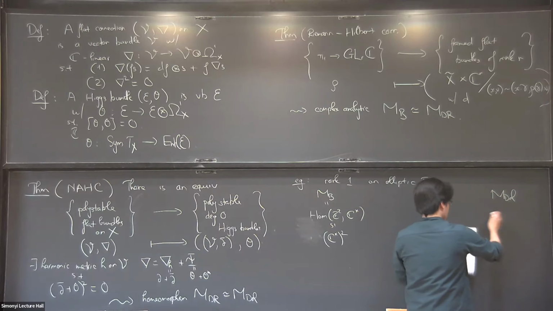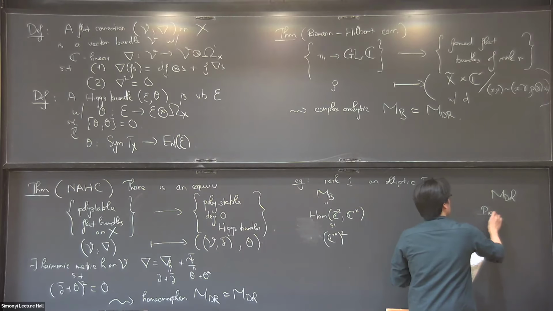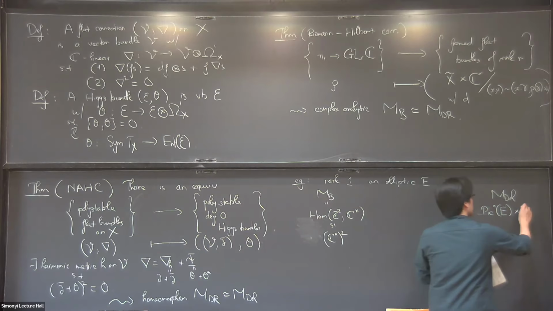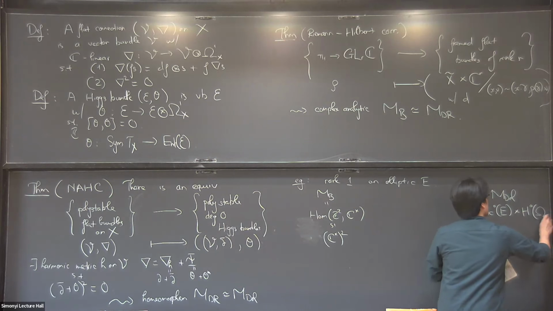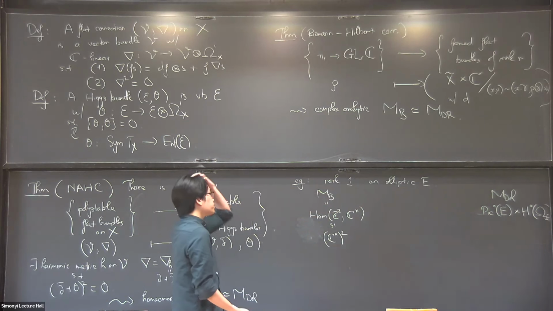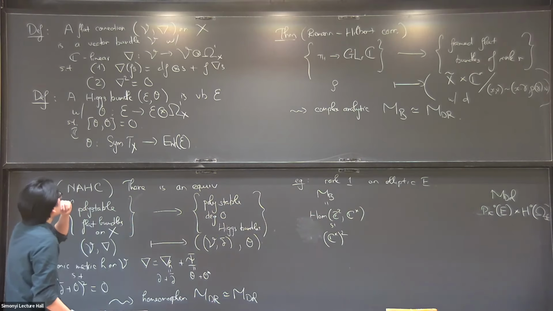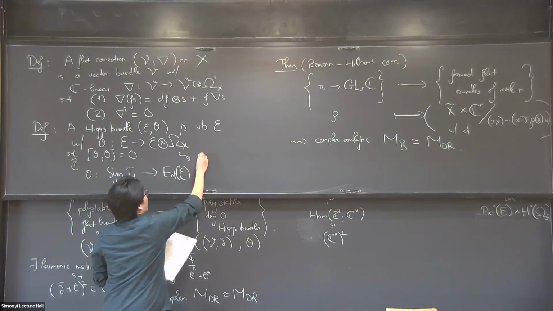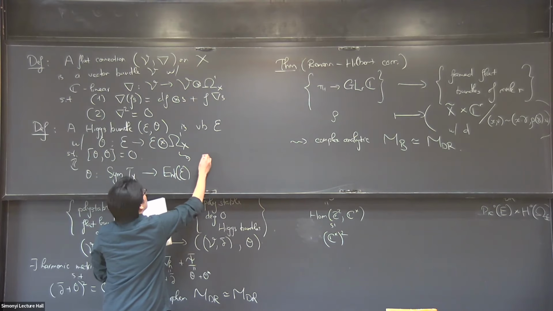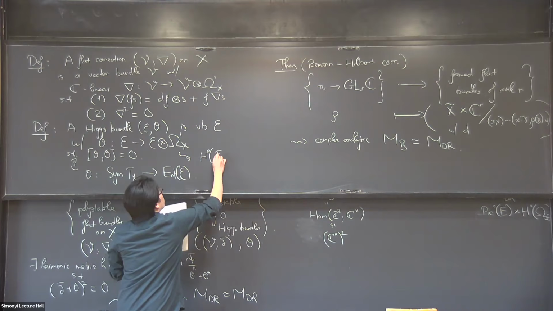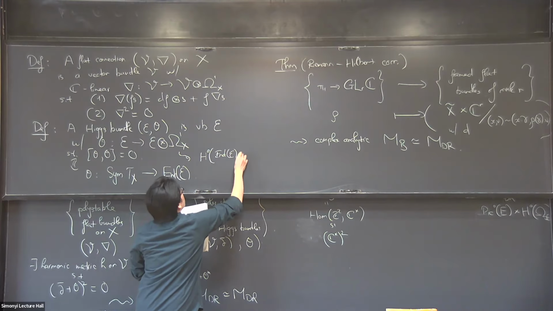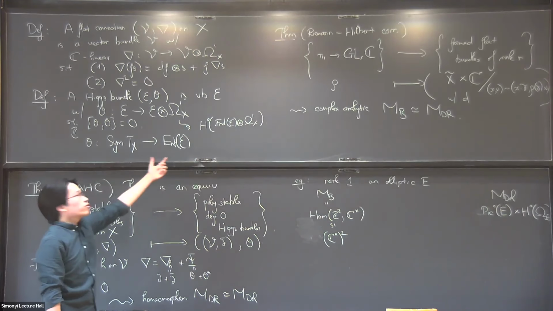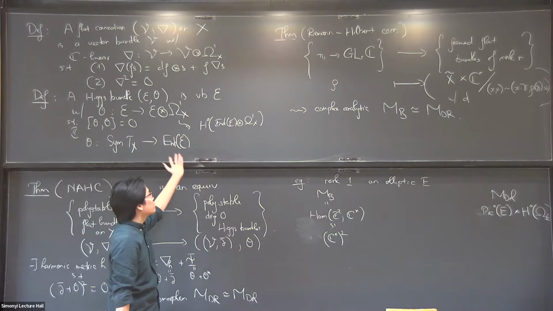And this is just Pic naught of E, direct product with H naught of omega E. The reason is because you can view this Higgs field as a global section of the homomorphisms of L tensor with omega X. And if you have a line bundle, then the endomorphisms is just trivial.